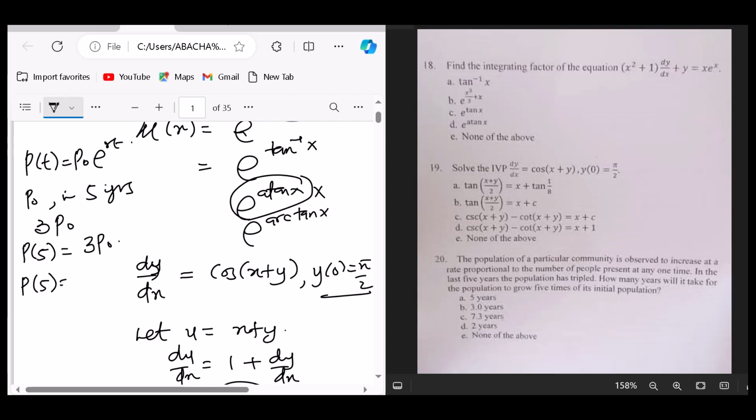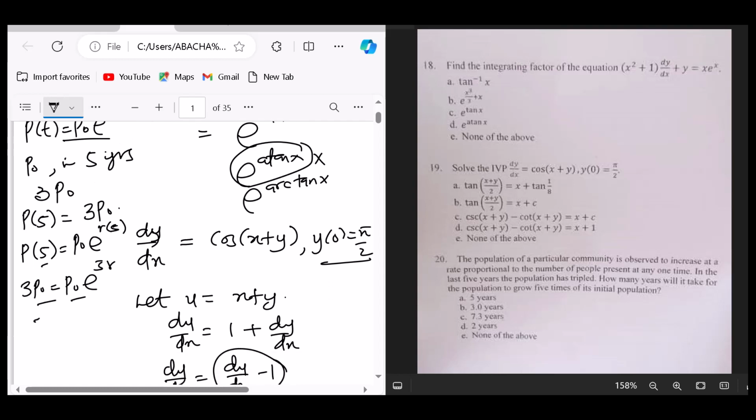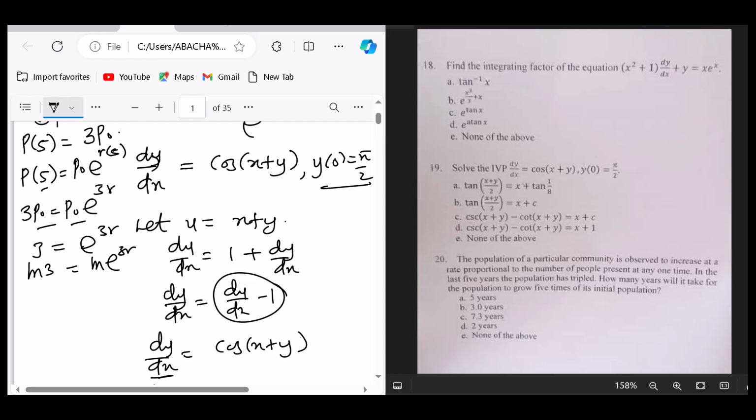But what is P of 5 using this model? That's P naught e power r t. The time is now 5. So here we will get 3 P naught equals P naught e power 5r. So we can divide both sides by P naught. So that will just give us 3 equals e power 5r. Taking ln of both sides, ln 3 equals ln e power 5r.